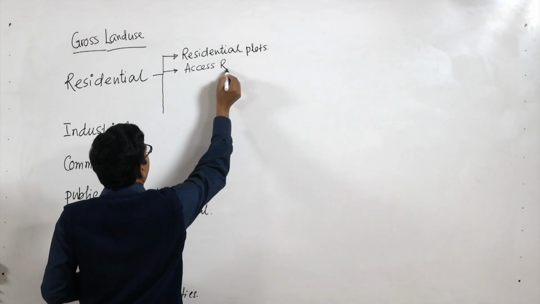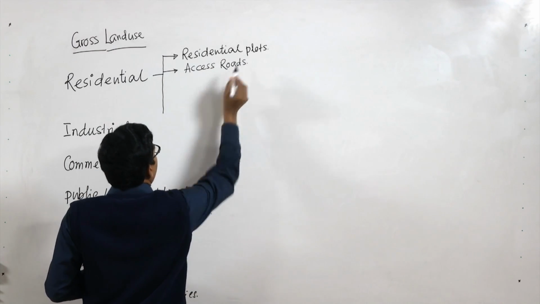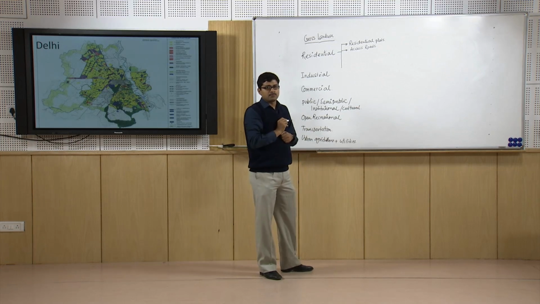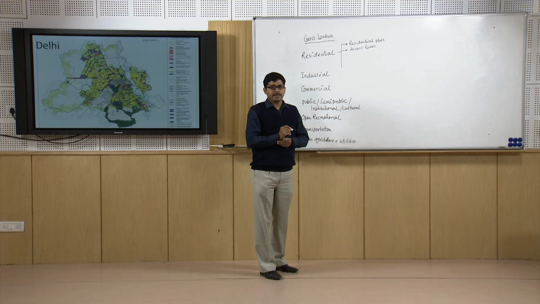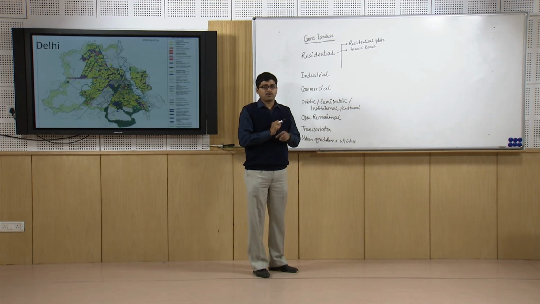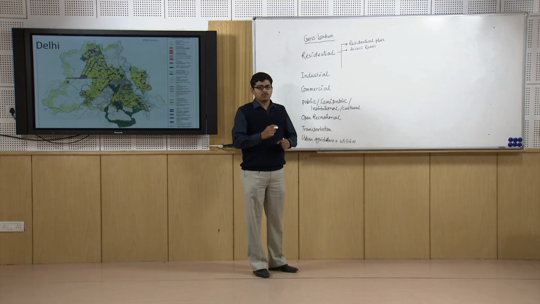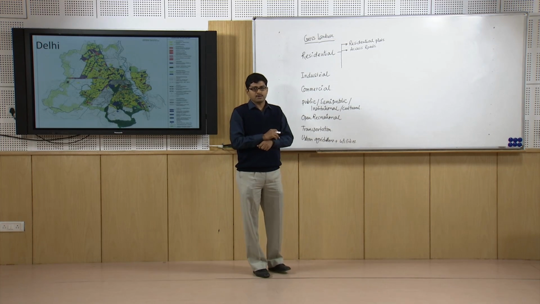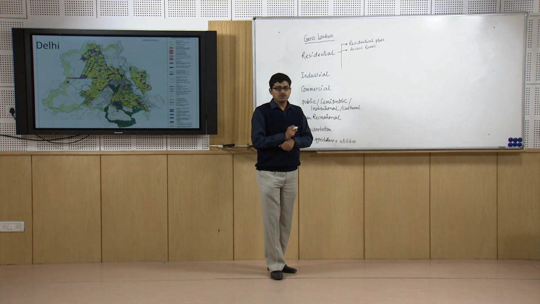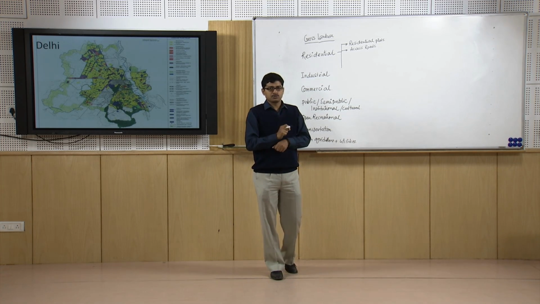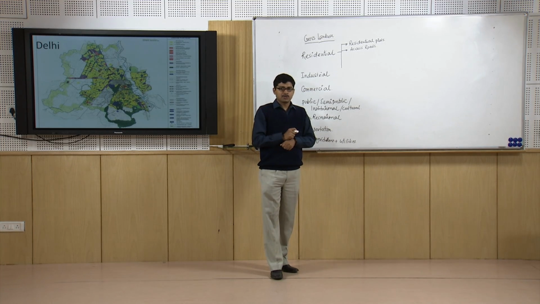Now to take a little detail of the access road, in any city you will find that the roads are of different types. Some roads give you access from one zone to another zone. Those are called higher level roads, namely arterial or sub-arterial roads, and there are a few roads which are meant to give access to the plots, access within the locality. Those are called local roads or collector roads.